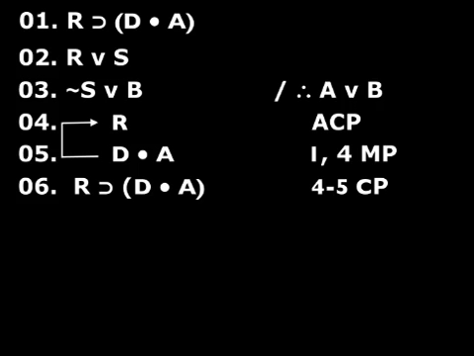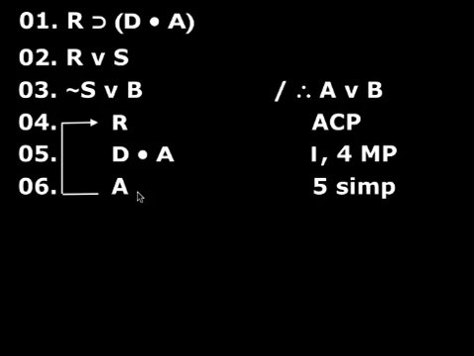I wouldn't have lost any points because I wouldn't have done conditional proof incorrectly. But this conditional doesn't help me. In fact, you can see I've already got that conditional up here. So it wouldn't have been wrong for me to do it, but it would have been pointless. Whereas ending it where I actually did, waiting until I get A, was useful because the conditional if R then A ended up being something that I could use well.